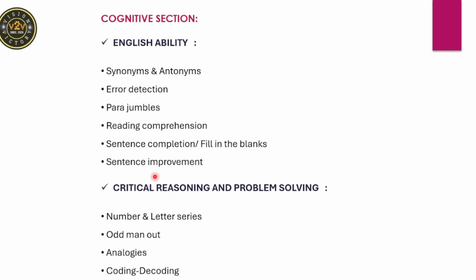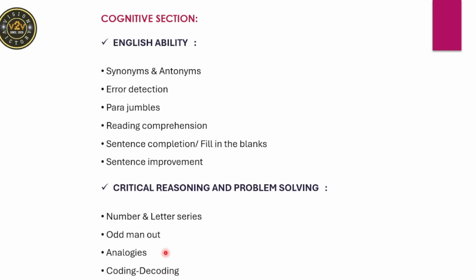Next, critical reasoning and problem solving, which comes under the section of cognitive reasoning. In that we will be having number and letter series, odd man out, analogies, coding and decoding, and visual reasoning.